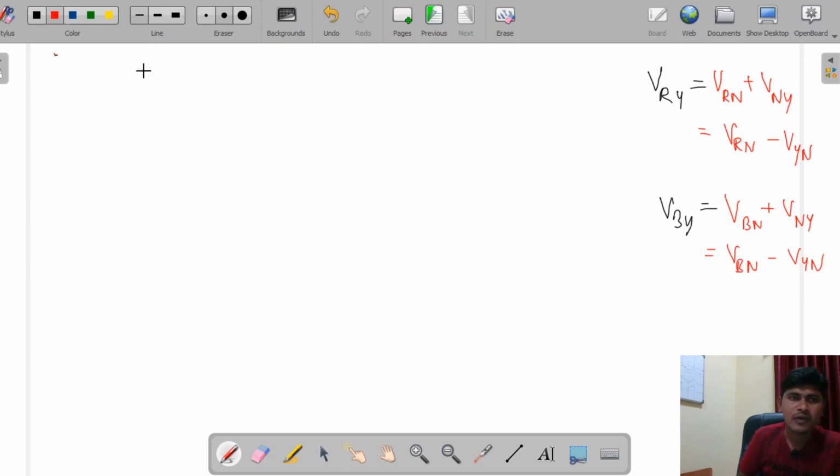Now let us draw the phasor diagram. We know VRN, VYN, VBN are phase voltages. All voltages are equal in magnitude but displaced by an angle of 120 degrees from each other.